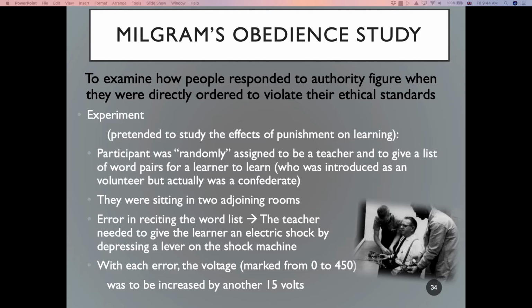So what he did was took these two guys, pretended to give them the roles, but actually there was a teacher and a student. The student was part of the experiment. The student knew what was going on and wasn't actually being electrocuted. The teacher believed that he was actually electrocuting the students every time they got one of the words wrong.